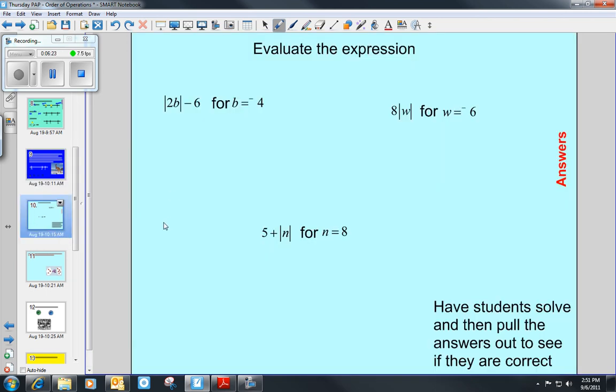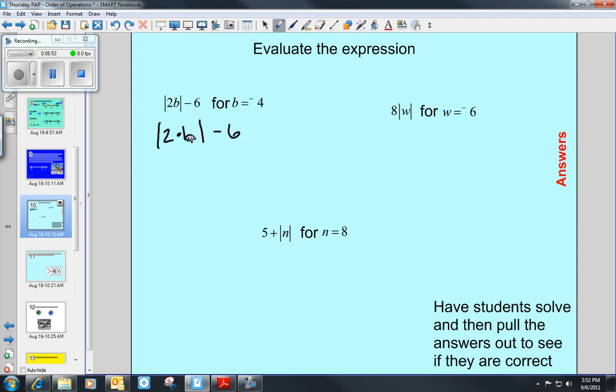Here are a few that have expressions that we're evaluating. And when we're evaluating expressions, we're going to substitute a number for a letter. For example, in this first one, we have the absolute value of 2b minus 6. When we have a number and a letter right next to each other, that means multiply. So what we have here is the absolute value of 2 times b minus 6.